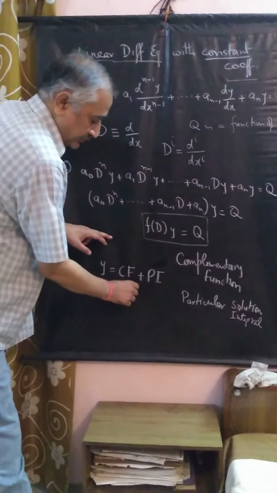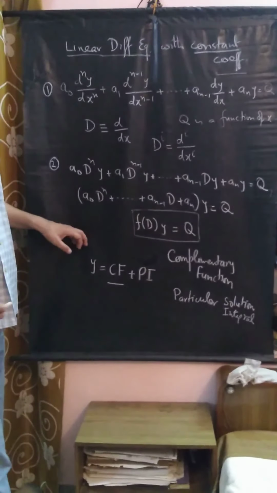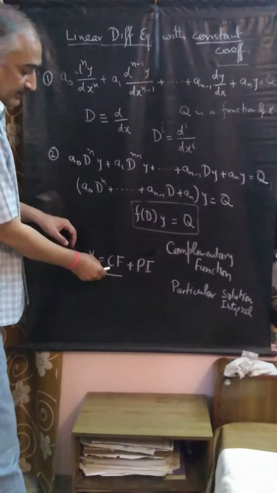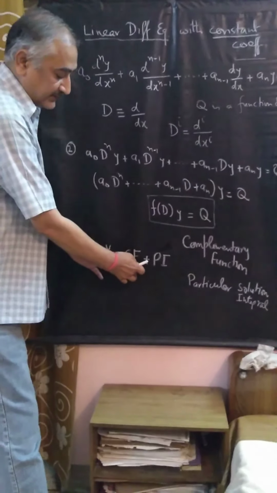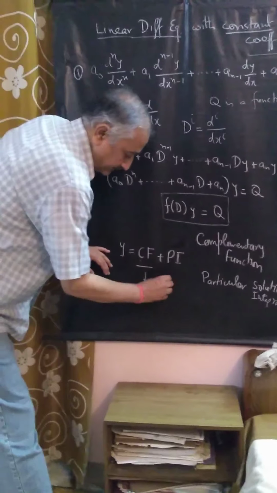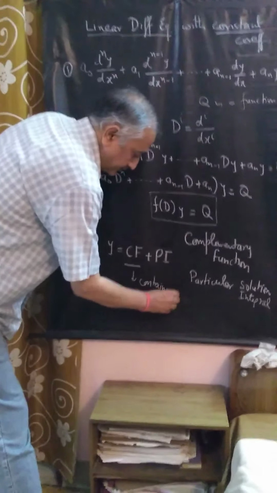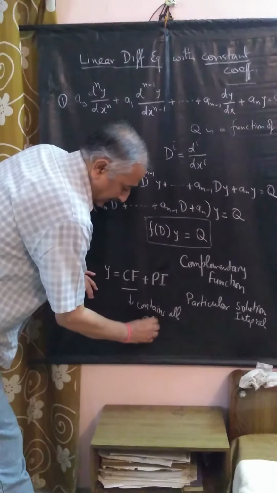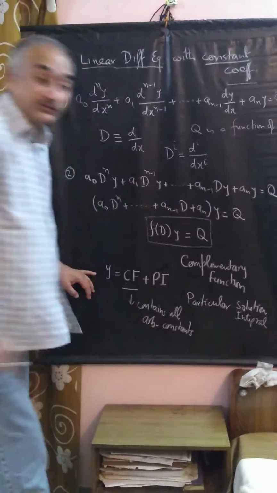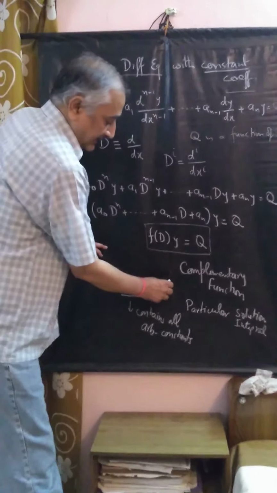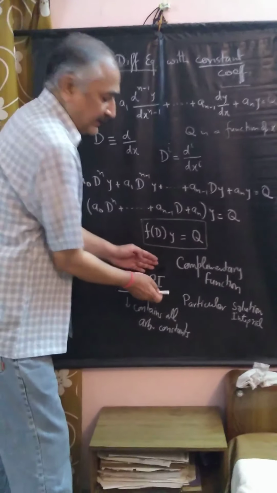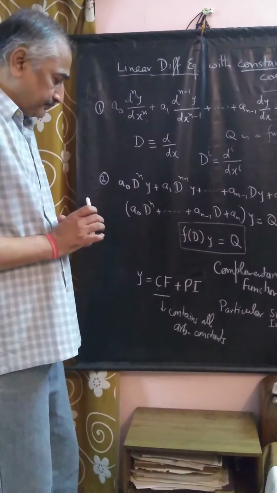This part of the solution has the necessary number of arbitrary constants. So because this equation is of order n, all the n arbitrary constants are there in the complementary function. So this contains all arbitrary constants, and particular integral is the solution of the given differential equation, which will not contain any arbitrary constant.